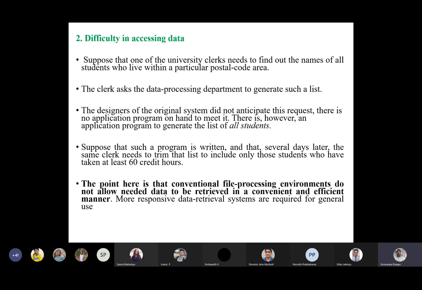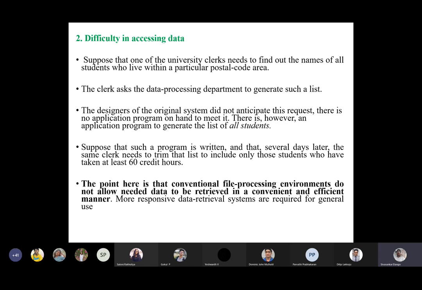So you need to write an application program to retrieve the information from the data. Later, over a period of time, you may need more information from the data. You need to rewrite the application program continuously. So the conventional file processing approach does not allow you to retrieve the data in a convenient and efficient manner.